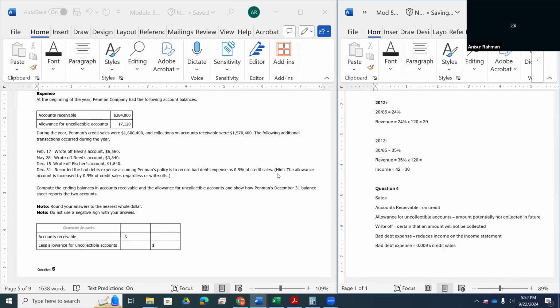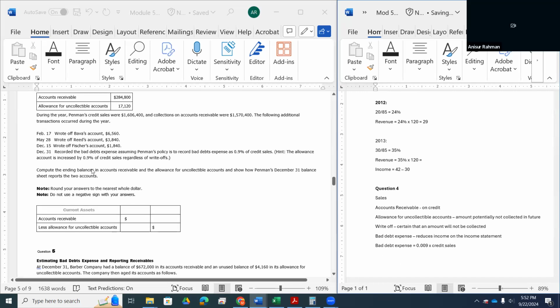What that basically means is the allowance amount is increased by 0.9% of credit sales regardless of write-offs. Okay. So we have to find the ending balances in accounts receivable and the allowance for uncollectible accounts and show how the December 31 balance sheet reports the two accounts.